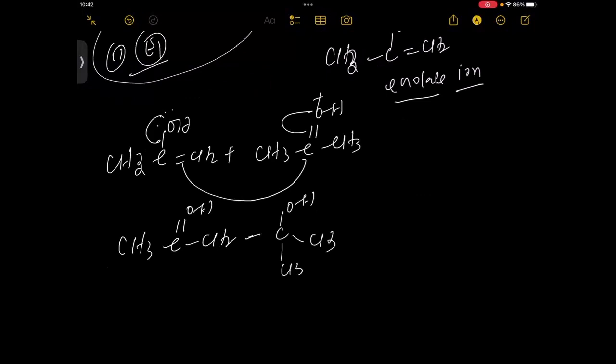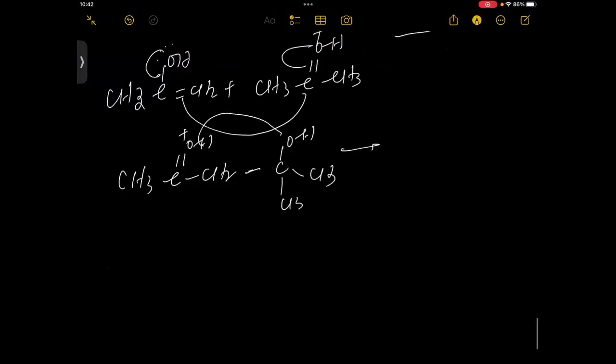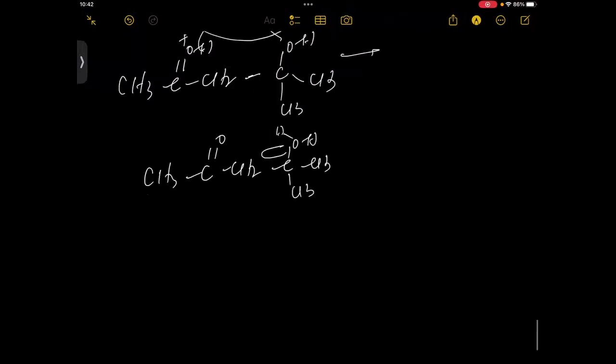Now students, see, a proton will transfer here, and in that process, once the proton transfers, CH3 C double bond O, CH2 C OH H, CH3 and CH3. Now water will be removed, and then CH3 C double bond O CH2 C cation CH3 CH3 will form. Now you have the Cl.